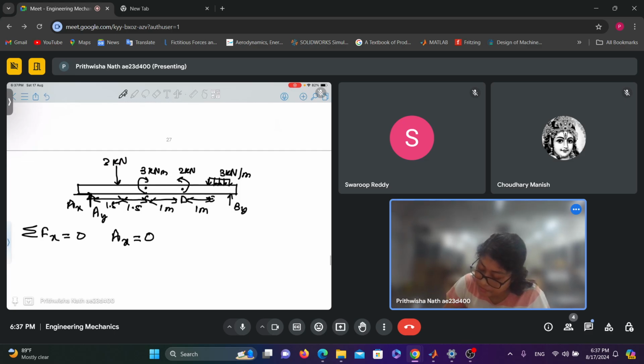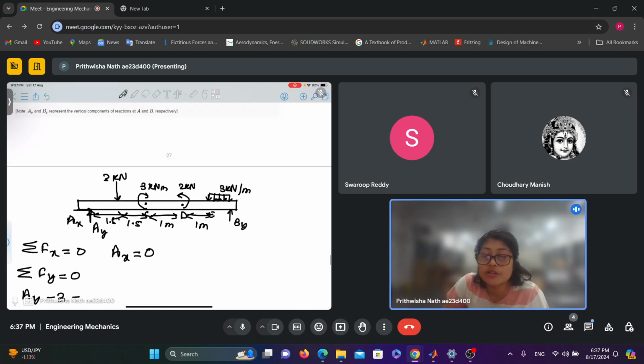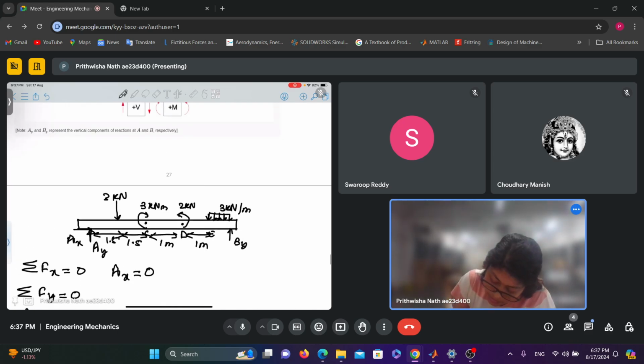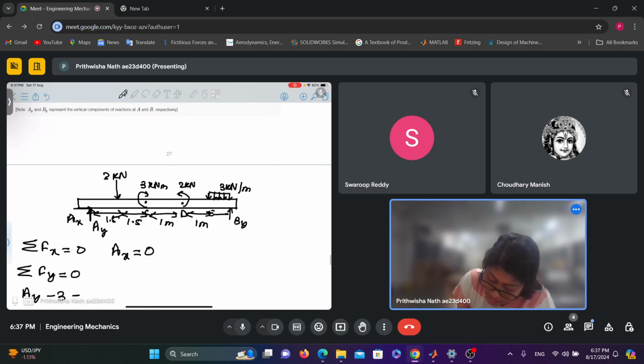and from Fy equals to 0, we get Ay minus 3, this is also 3 kilonewton per meter into this distance is 1 meter, right? So total is 3 kilonewton, right?